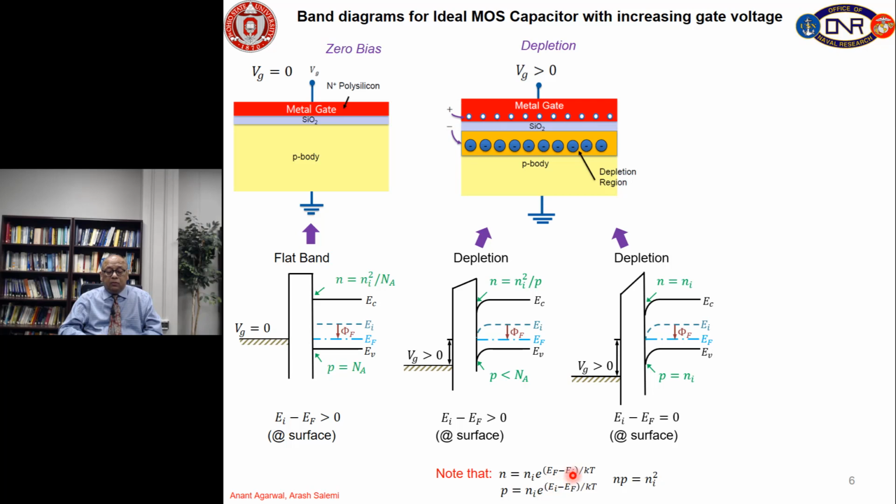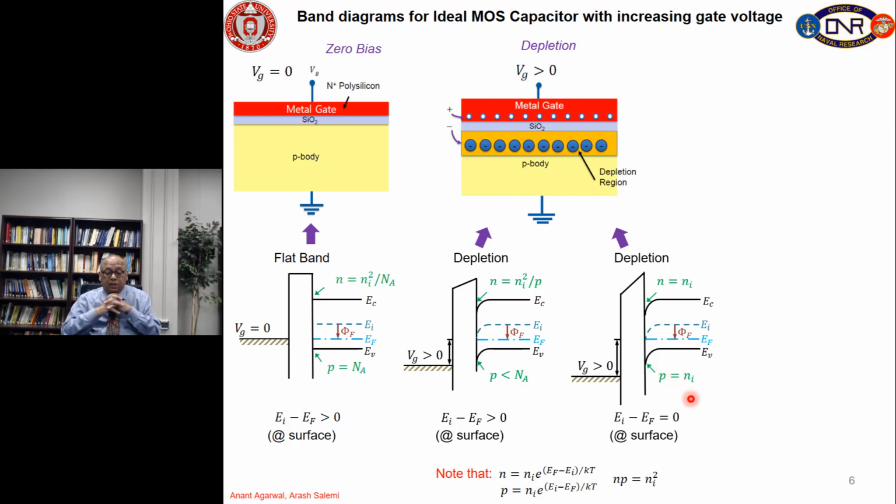The bands have been bent exactly by this potential phi f, which is the difference between EI and EF in the bulk. So, electron concentration is equal to the hole concentration at this gate voltage.